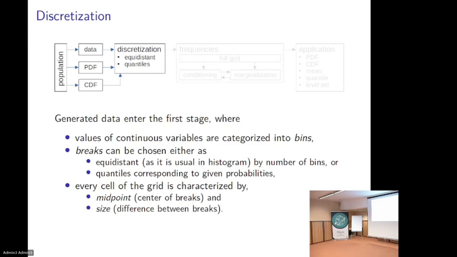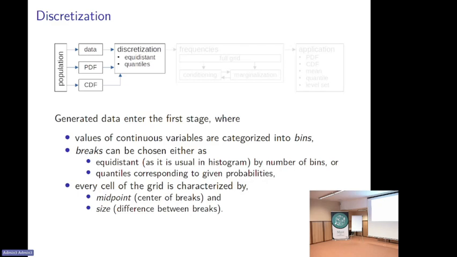And we need breaks to divide the bins. We need midpoints to calculate density because some value needs to represent every cell.